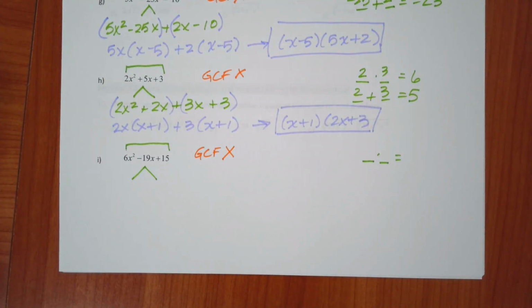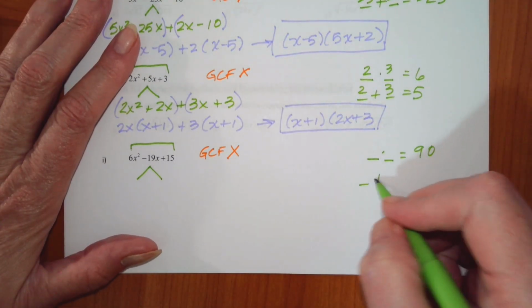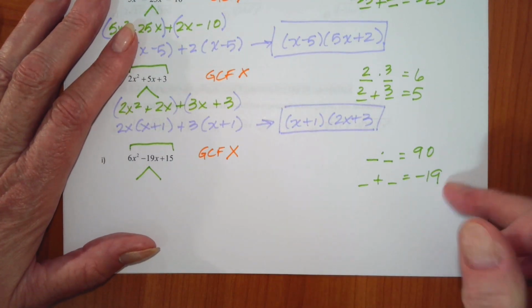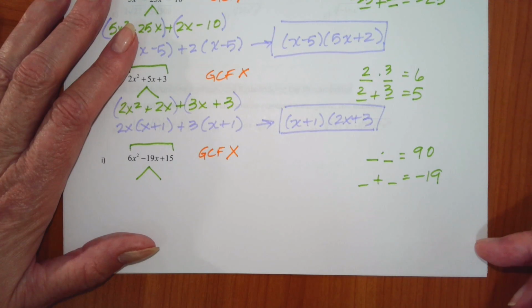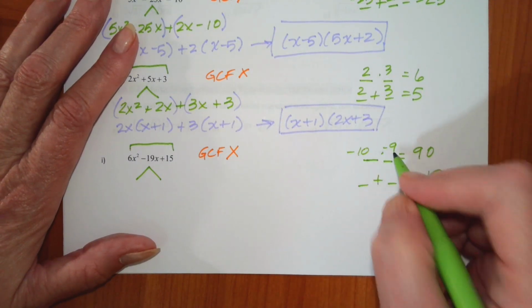I think it's 90. Yeah, equals 90, and whose sum equals negative 19. Well, since the product is positive and the sum is negative, they both have to be negative. And it turns out that they are negative 10 and negative 9.